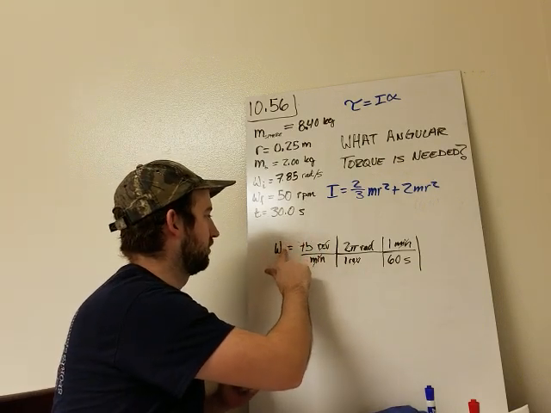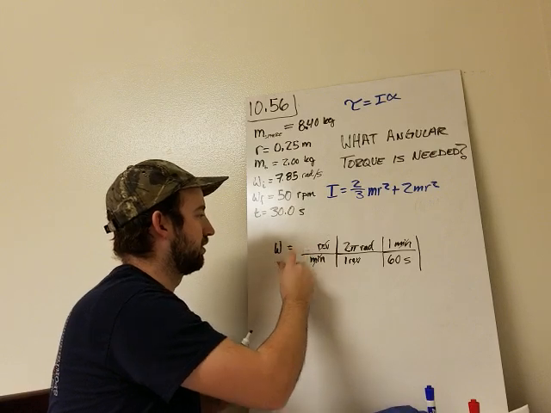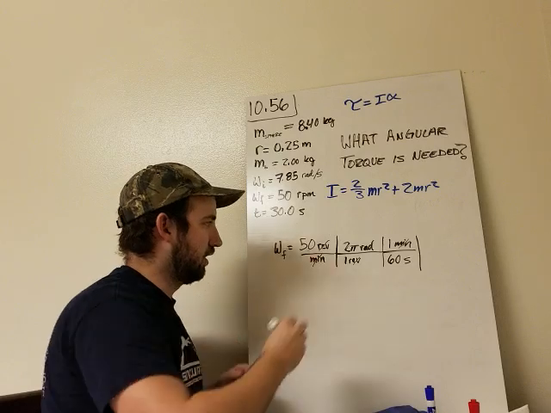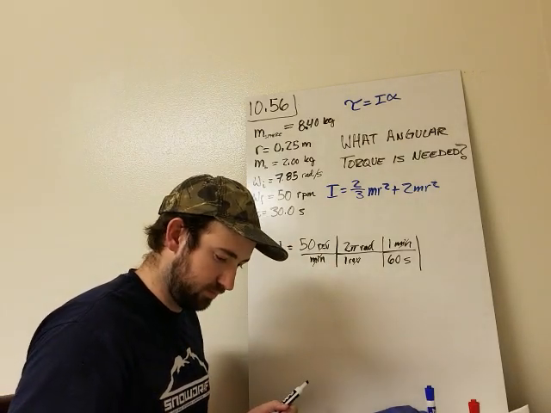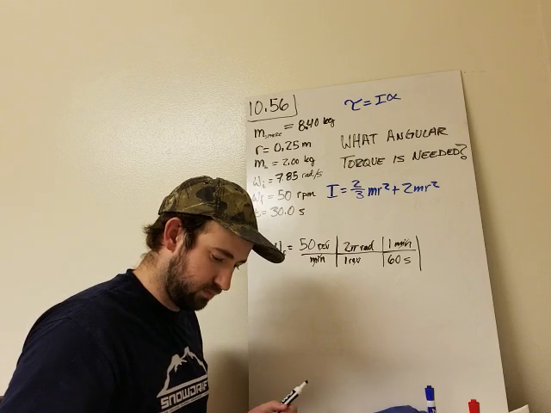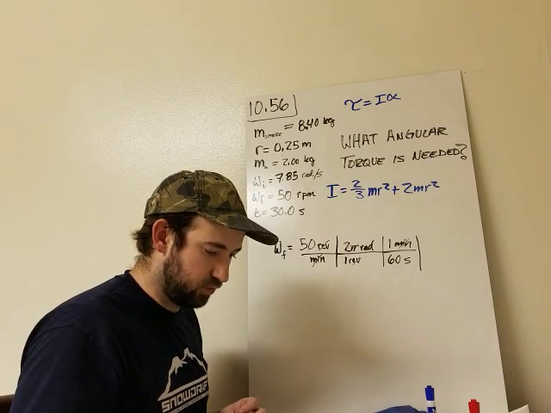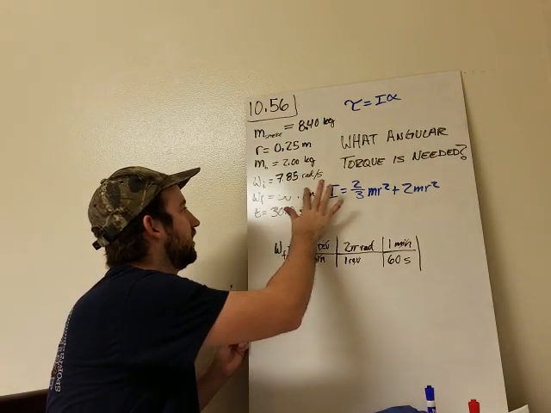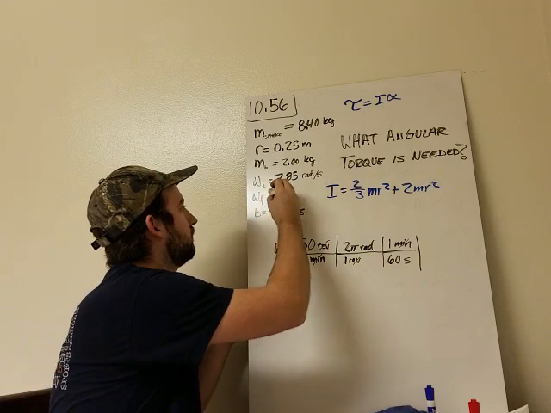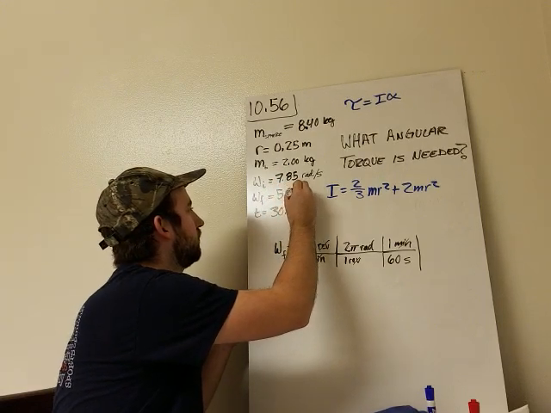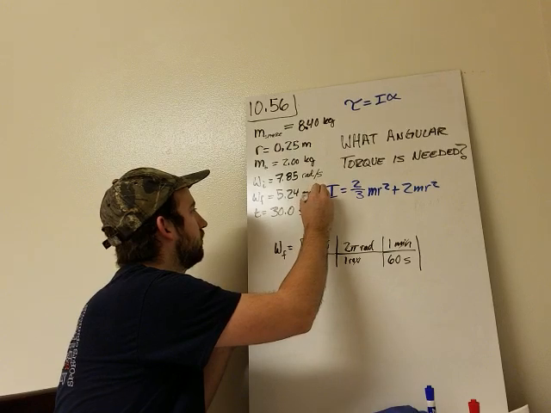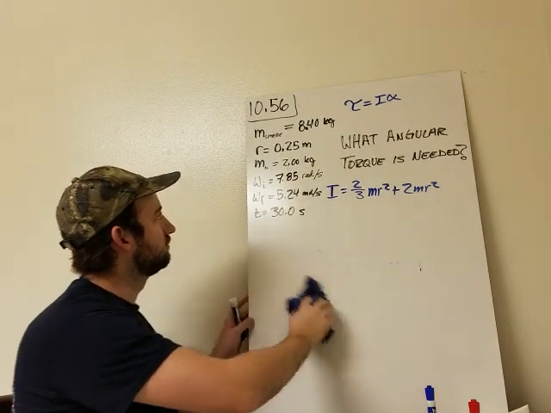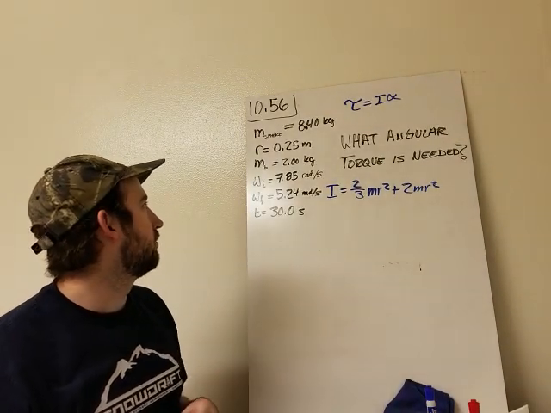We can just replace this number here with the final value and do the same thing. That one ends up being about 5.24 radians per second. All right, now that we've done that, all our units are where they need to be.